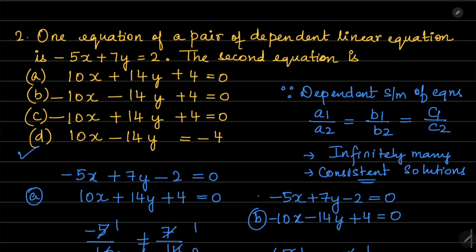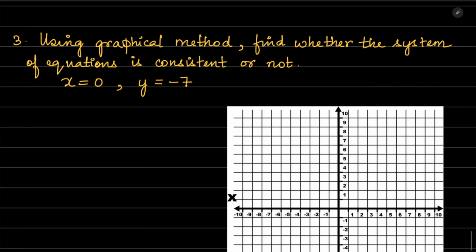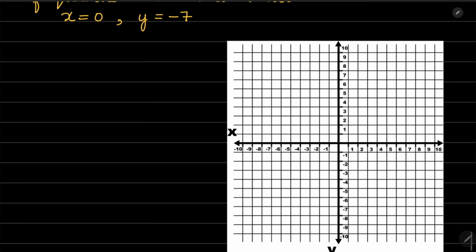Let's move on to the third question. Using the graphical method, find whether the system of equations is consistent or not. The first thing is x equal to 0. What do you mean by x equal to 0? X equal to 0 is nothing but your y-axis.